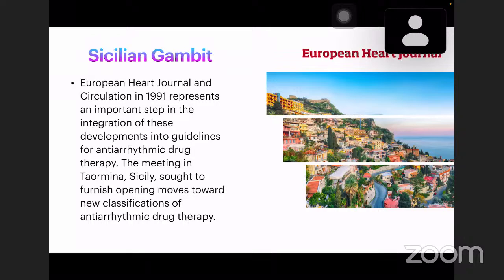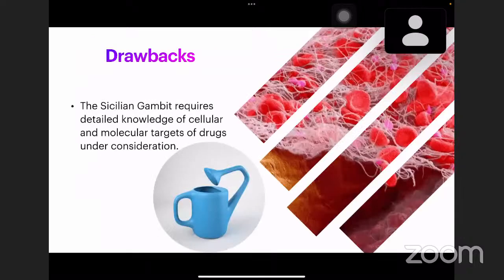But this classification was too impractical. It was successful in that it made us understand the molecular mechanisms, but it was not useful for a practical purpose. So it became obsolete because it is impractical to apply in day-to-day life.